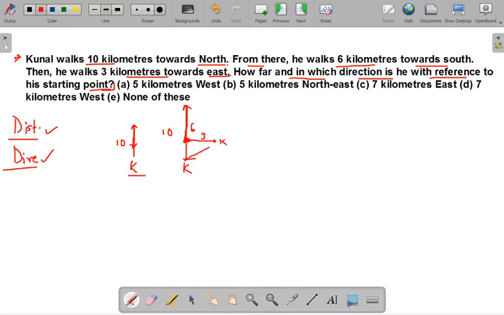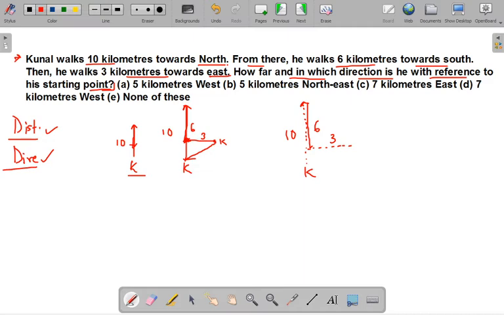So this is the distance you have to find out. I will draw this once again so that it will be more clear. This is Kunal. So he went 10 kilometers towards north and he came back 6 kilometers towards south and he went 3 kilometers towards east.